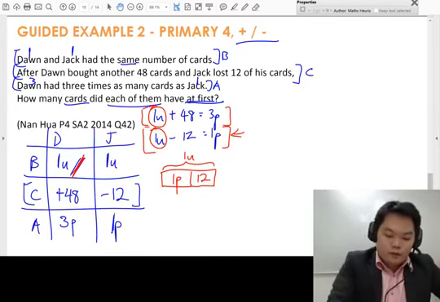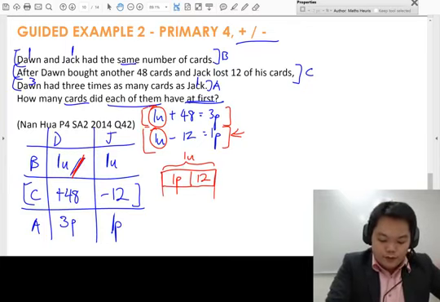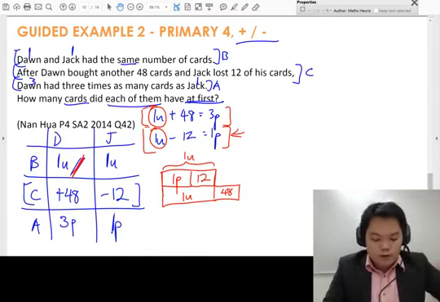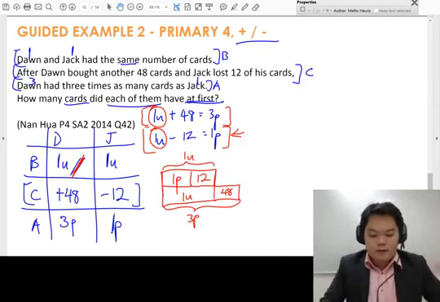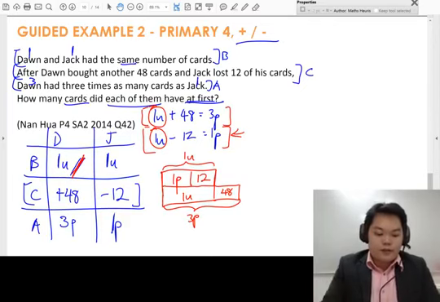Next, we draw out the same 1 unit and we add 48 to that. This will give us a total of 3 parts. Once I have done this, I do not need to care about my units anymore. I only need to look at my parts.